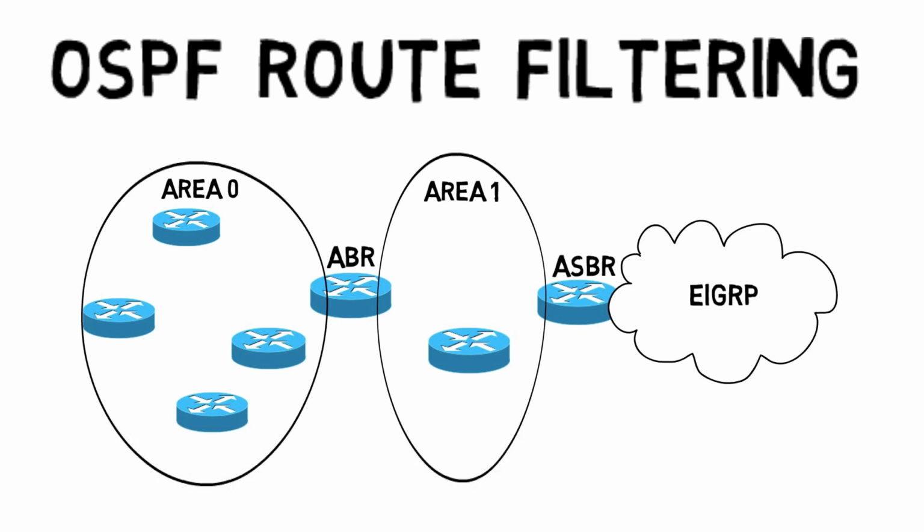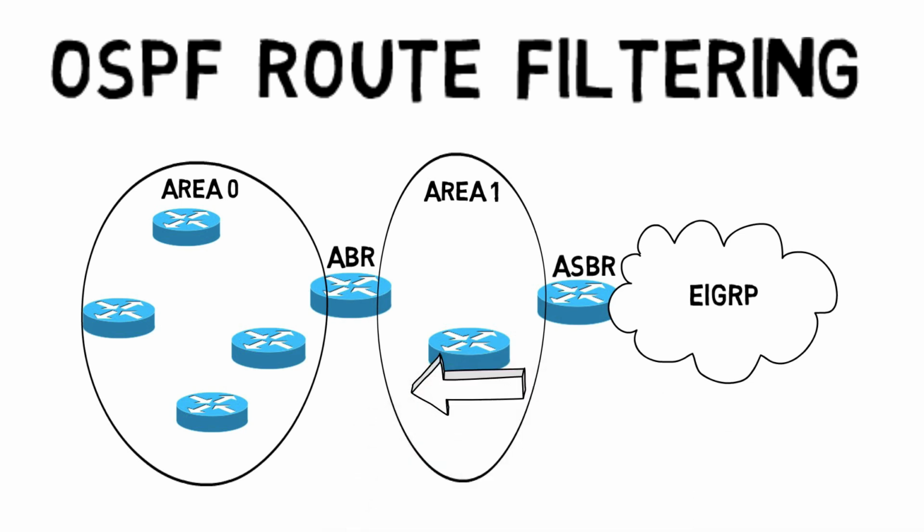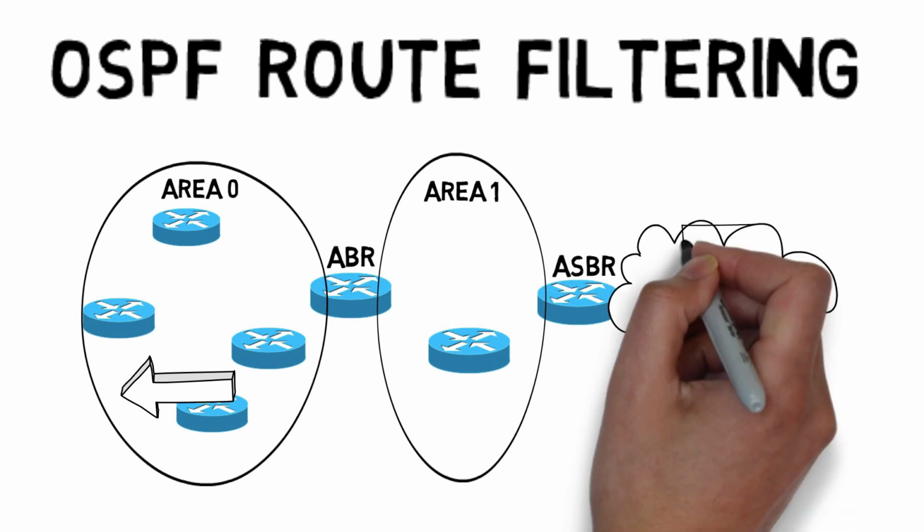And when we're doing route filtering with OSPF, typically we'll do it either at the ASBR, as a route is coming in from that external autonomous system, or we'll do it at the ABR between our areas. Let's imagine that we've got a network in area 1, and that network is being advertised into area 0. And let's ask ourselves, how is that network going to show up in area 0? It's going to show up as a type 3 LSA, which is generated by the ABR.